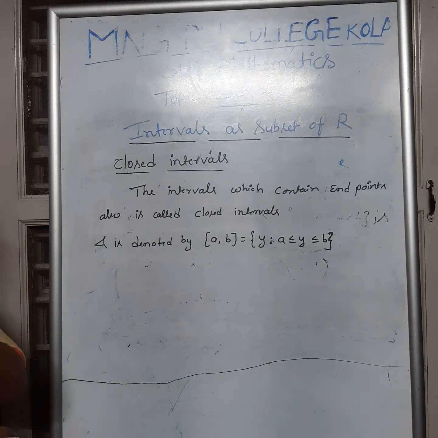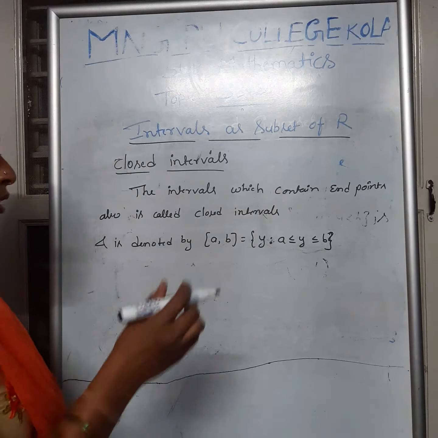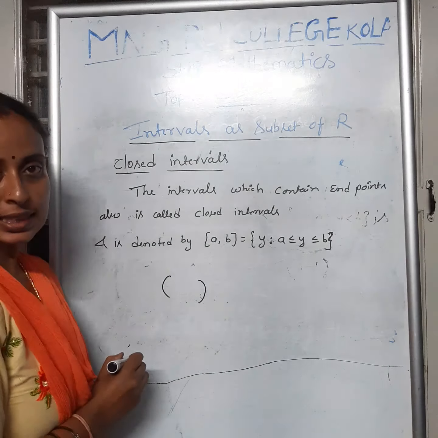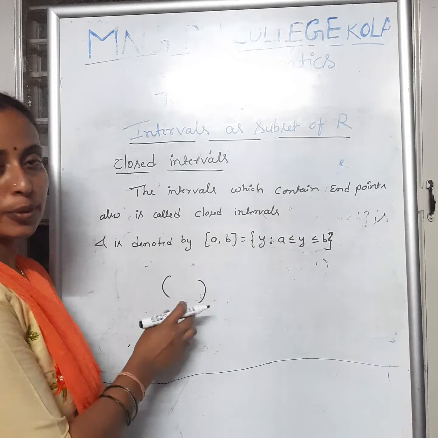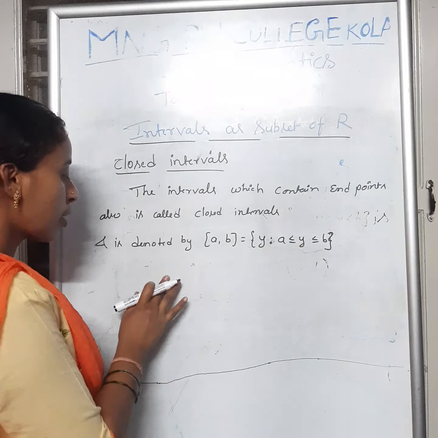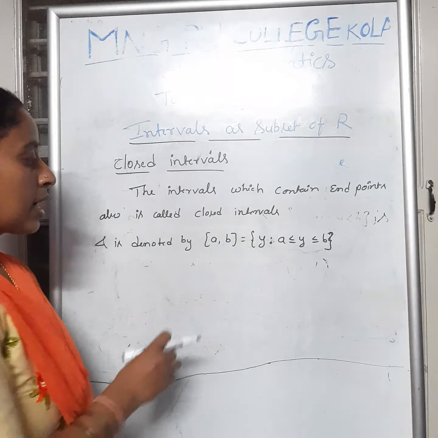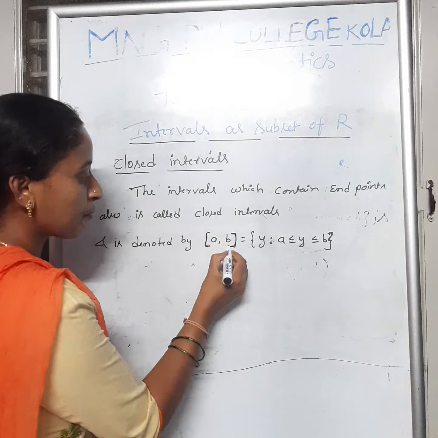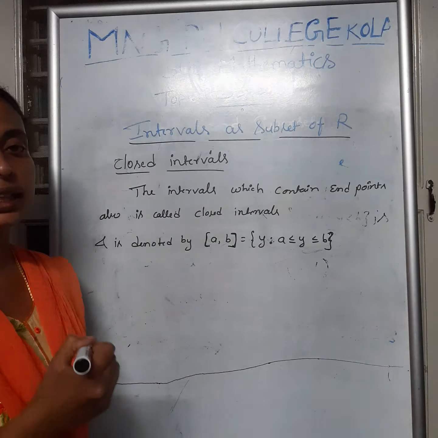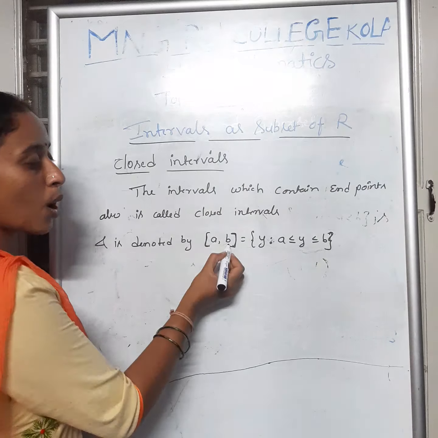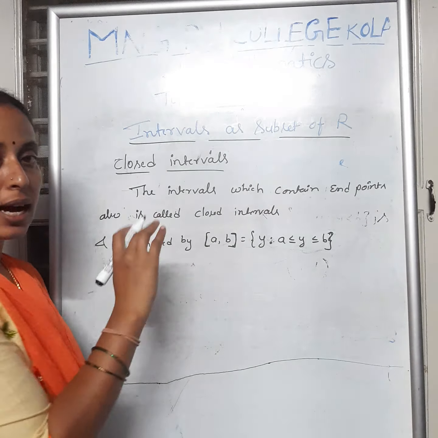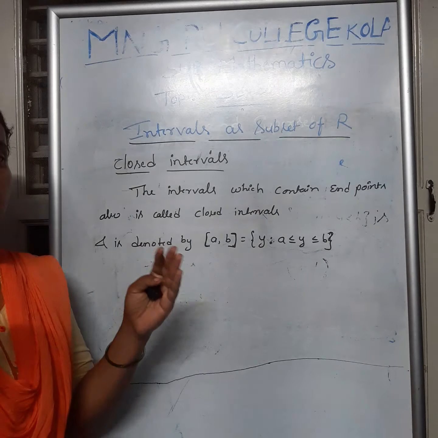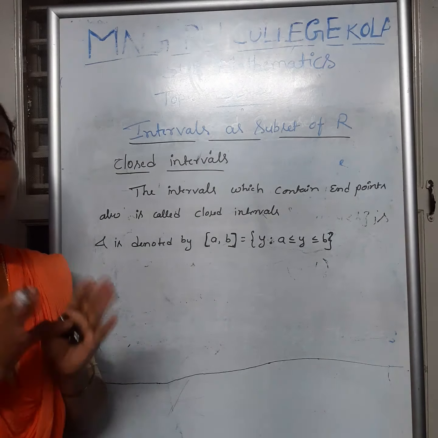See, observe here that open intervals are denoted by a pair of brackets. This indicates open intervals. And here a pair of square brackets indicates end points. In the open interval there is no end point. What are the points that will come in the middle? What value will come?